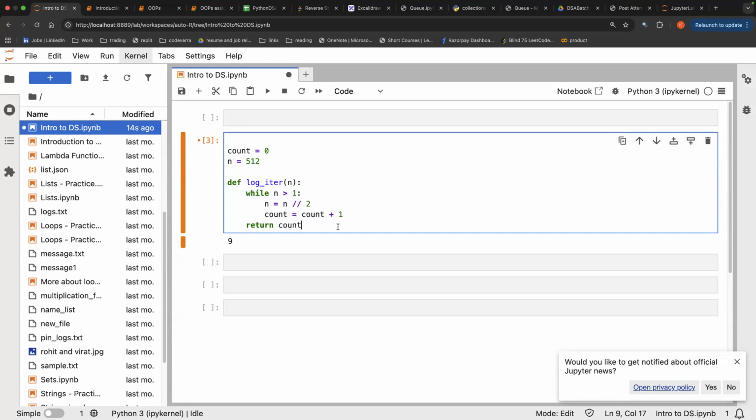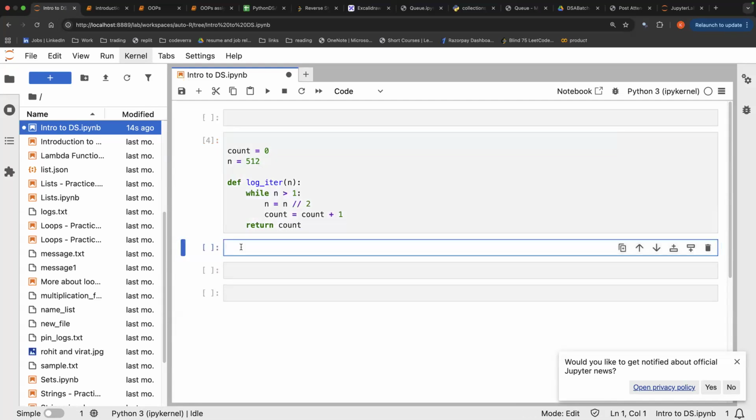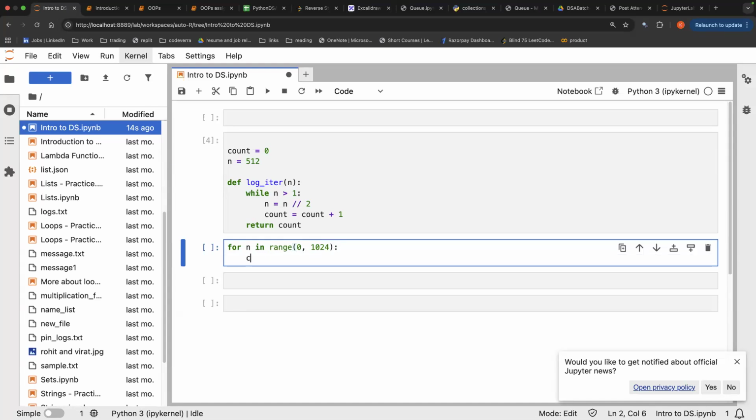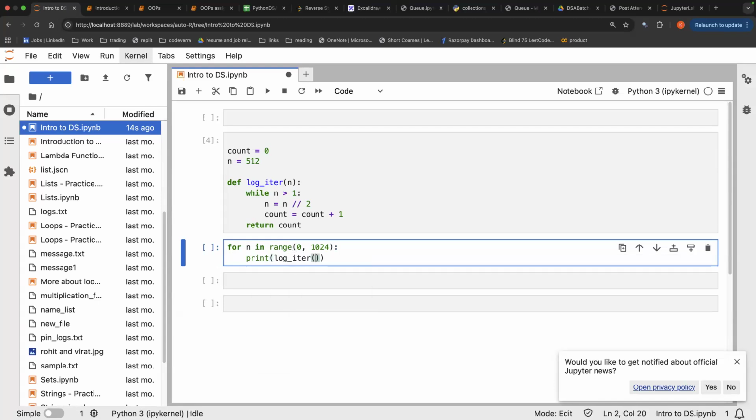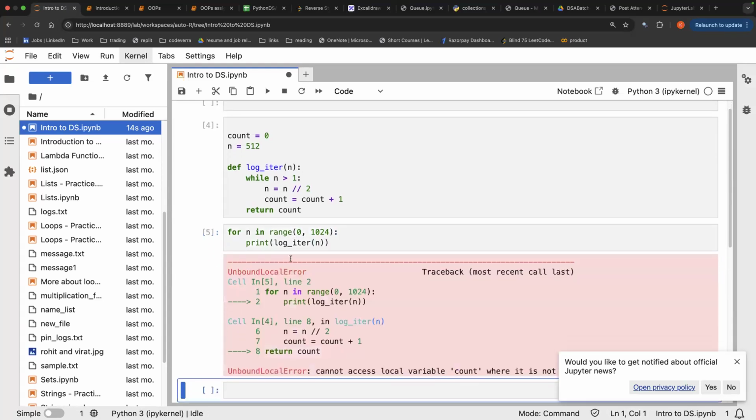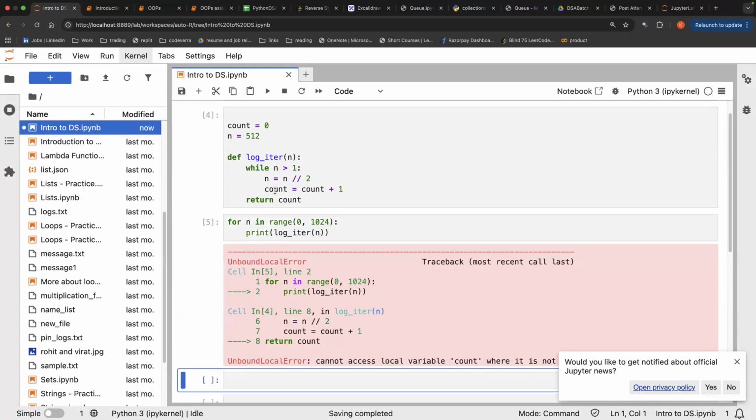So if I call log_iter for n in range 0 to 1024, I just say print log_iter of n. Count is count plus one, count.